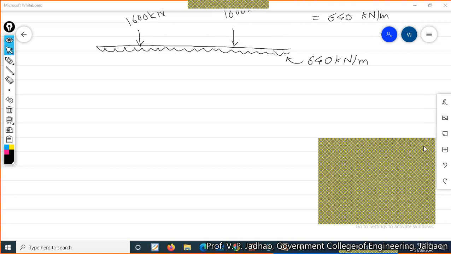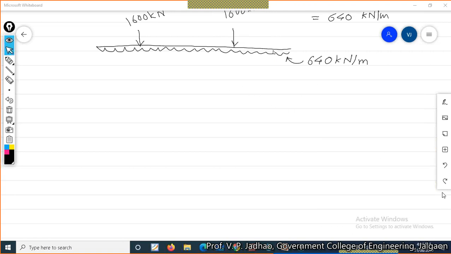So we have to design this footing as a beam having this particular portion as cantilever portion, and this particular portion again as a cantilever portion, whereas this middle portion is supported on two columns.